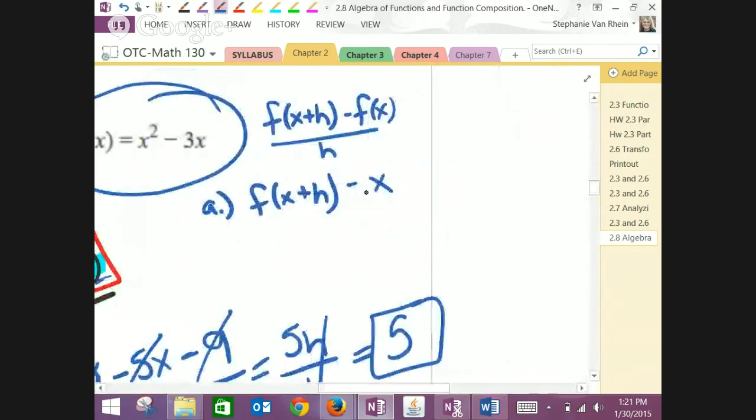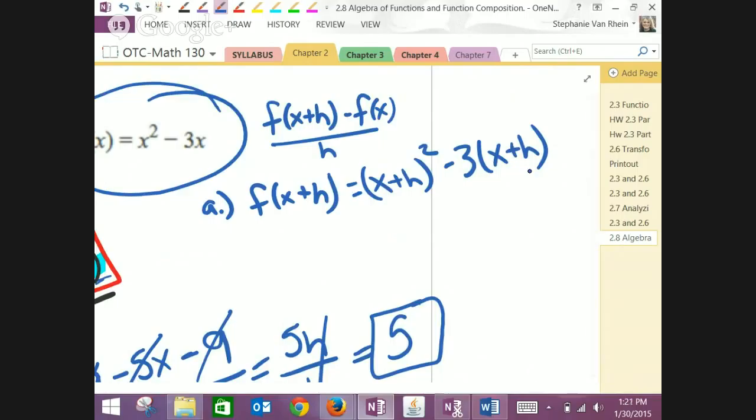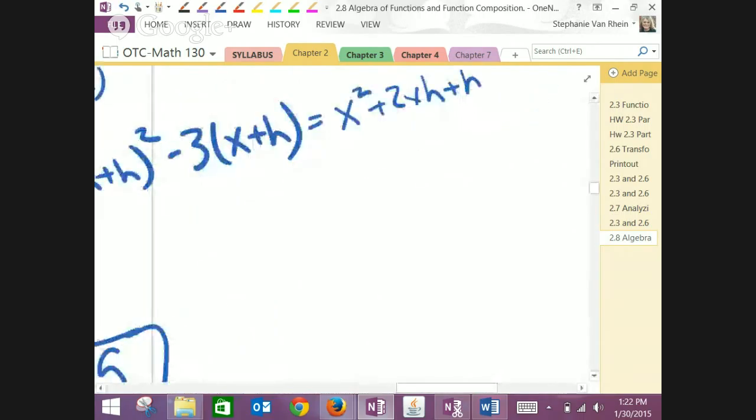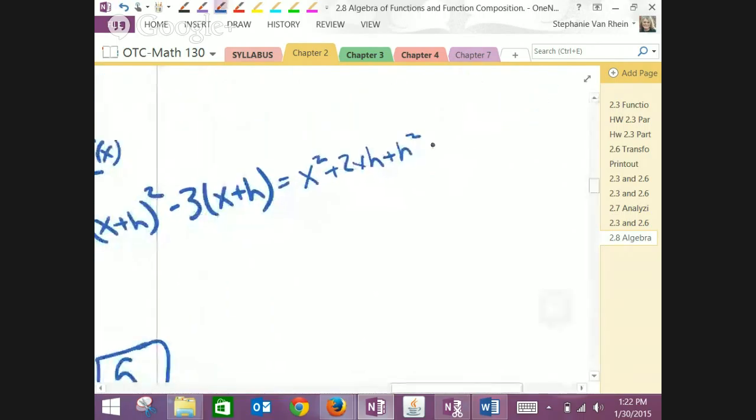That's going to be x plus h squared minus 3 times x plus h. You guys see why now you did the 3 plus t and the a plus 9 into the functions? Because now you evaluate that function of x plus h, and I end up with x squared plus 2xh plus h squared minus 3x minus 3h.